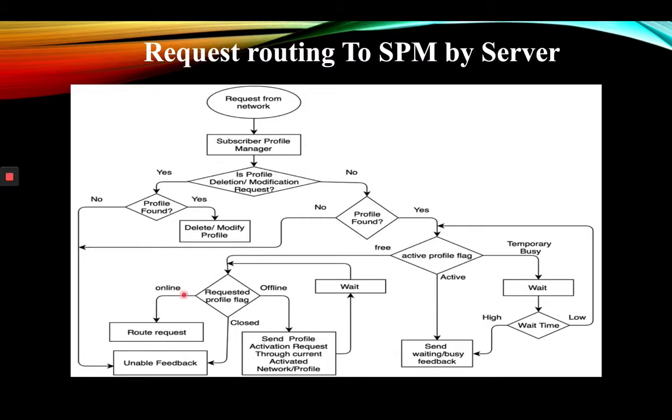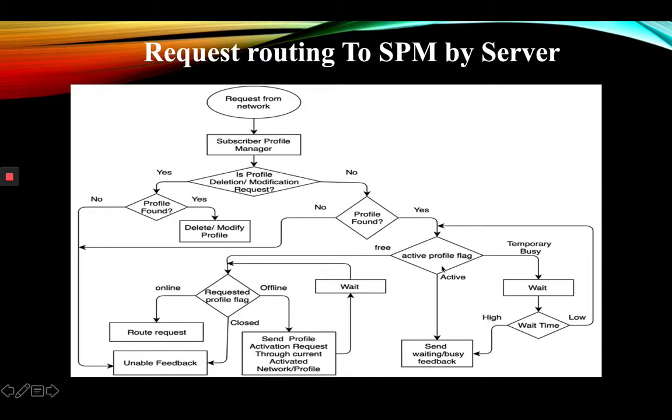When online, it routes the request to the device. When offline, it sends the profile activation request through the currently activated network profile and waits until the request comes back. If the requested profile flag is closed, then enabled feedback is sent.